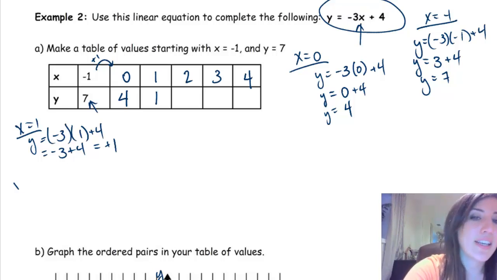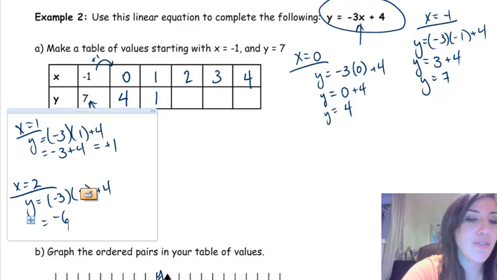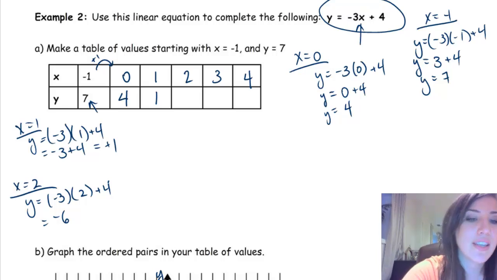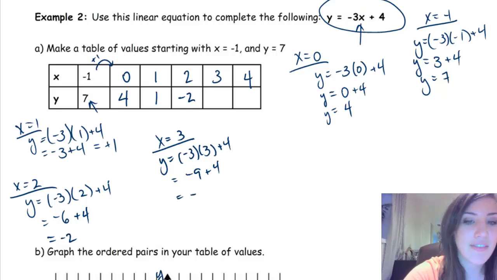If x equals 2, then y equals -3, plug in for our x, 2 this time, plus 4. -3 times 2 is -6, plus 4 equals -2. If x equals 3, then we have y equals -3 times 3 plus 4, and we get -9 plus 4, and that gives us a value of -5.